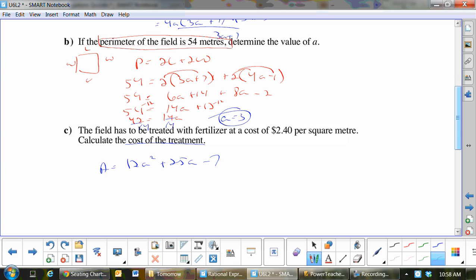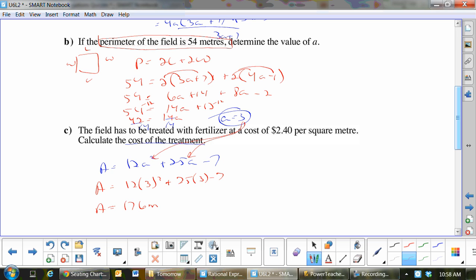Okay? So all I have to do is take the area and multiply by $2.40 per square meter, because the area is going to be square meters. Okay? If only I knew A. Well, I do, from my last question. So big A's area is 12 times 3 squared plus 25 times 3 minus 7.